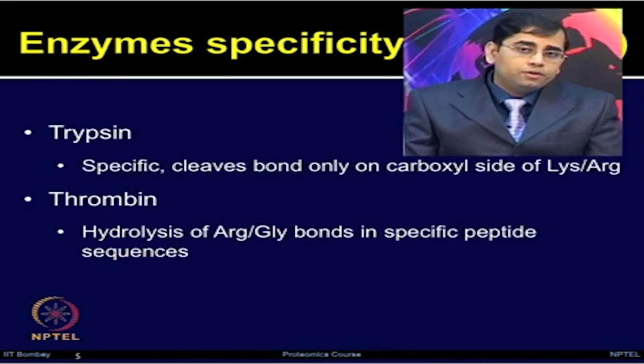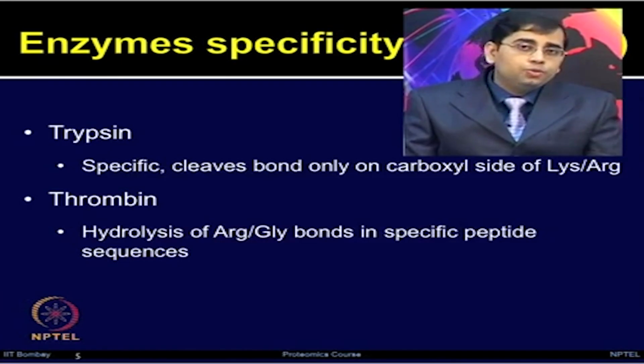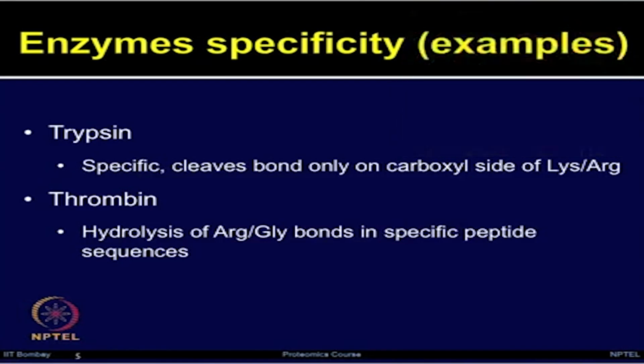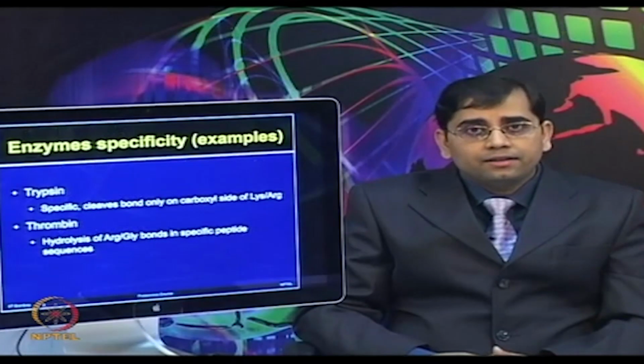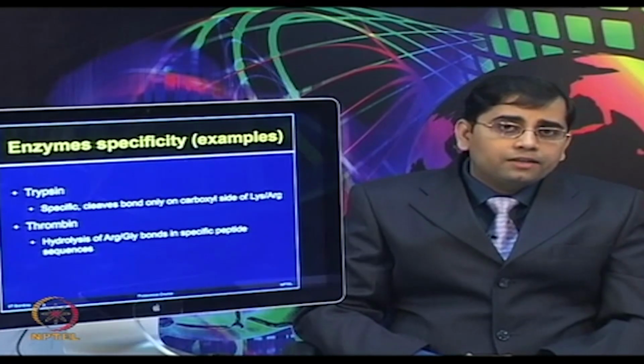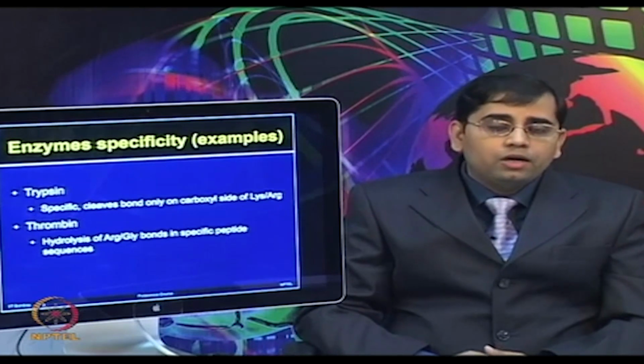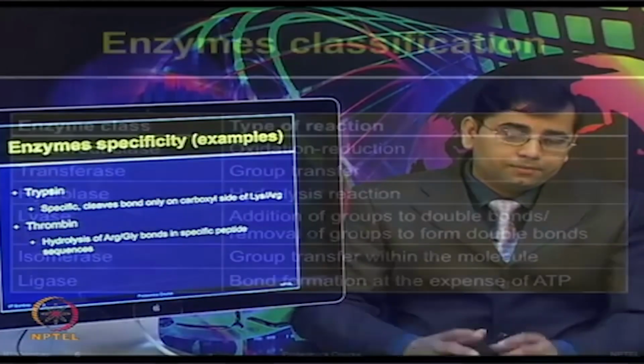It cleaves bonds only on the carboxyl side of the residues lysine and arginine. Another enzyme, thrombin, which participates in blood clotting, is even more specific than trypsin. It catalyzes hydrolysis of arginine-glycine bonds in a very specific peptide sequence and therefore offers high specificity.